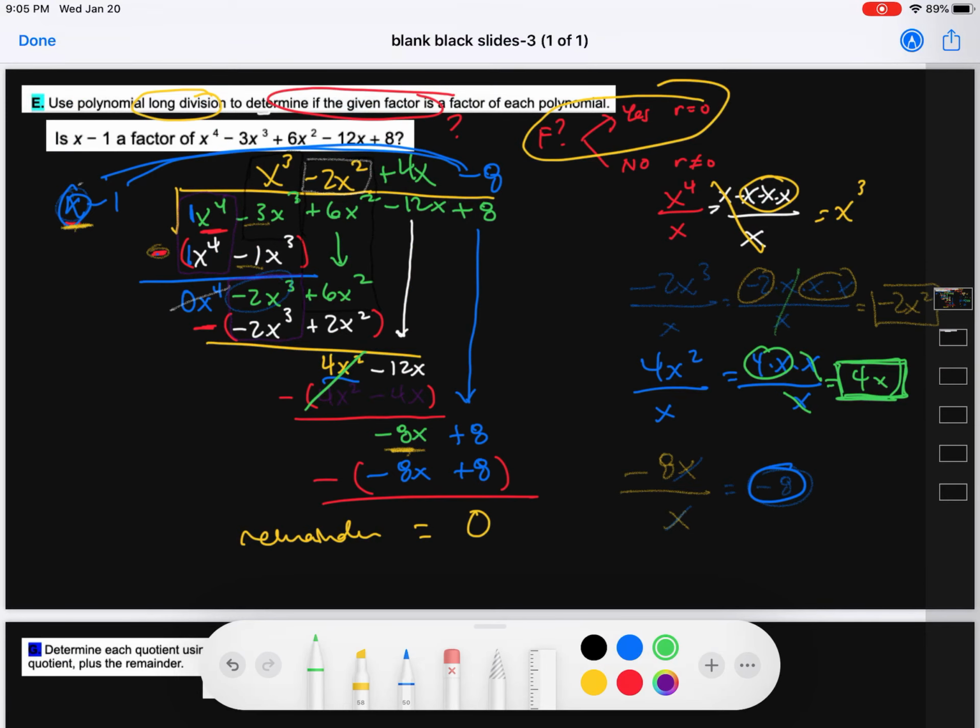Yes, x minus 1 is a factor because the remainder is 0. Okay, so just use long division like you did back in 3rd grade, and that'll help you figure out that problem. See ya.